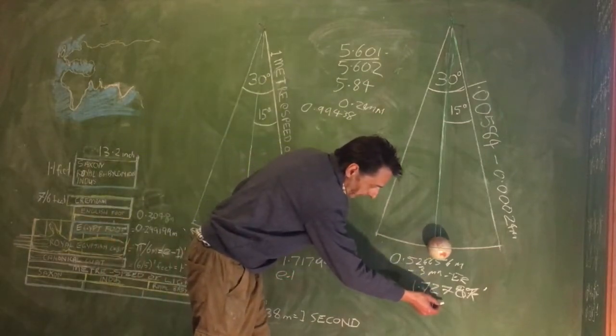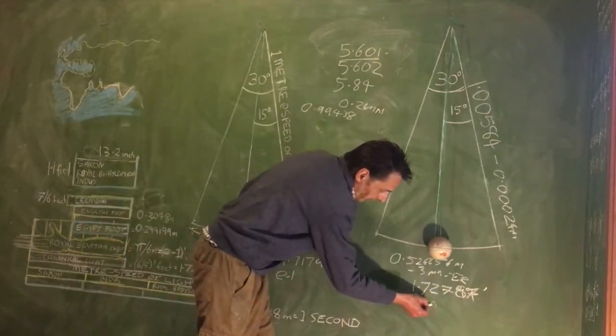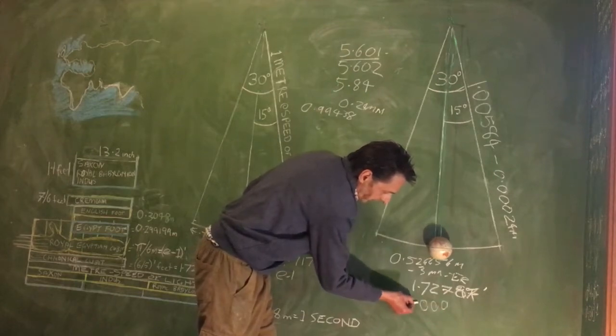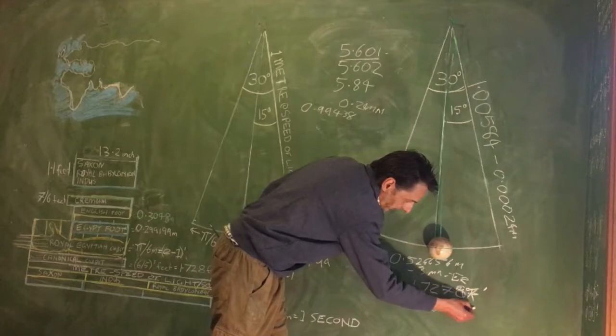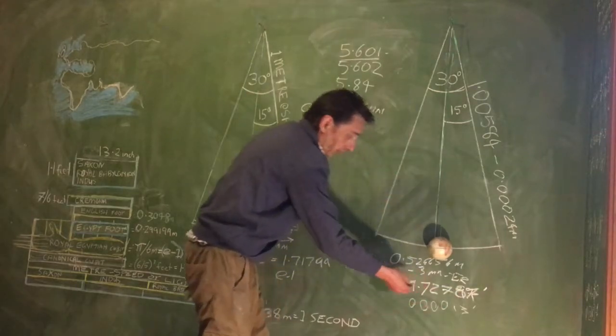What's that? 0.0013 feet from a canonical cubit.